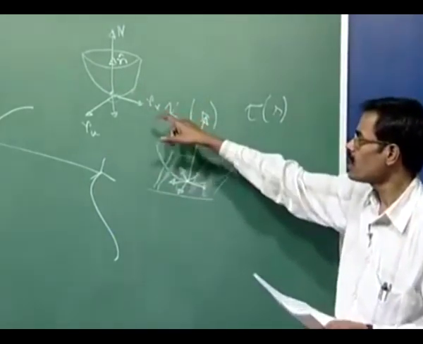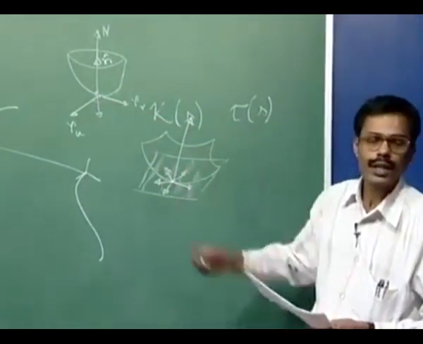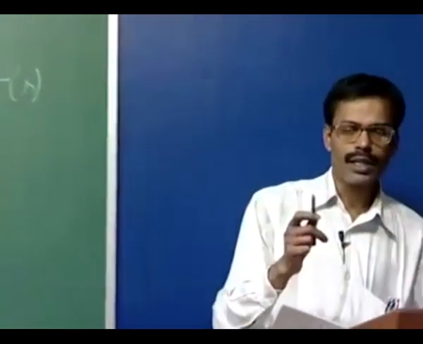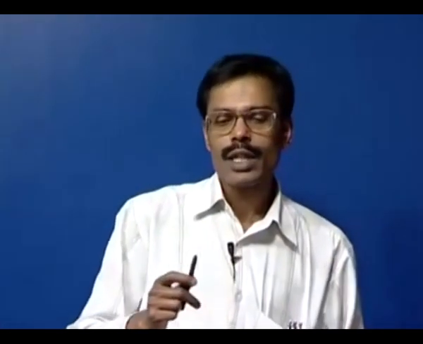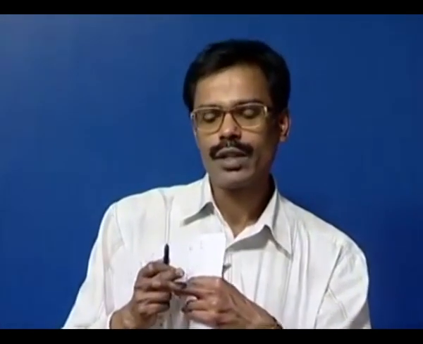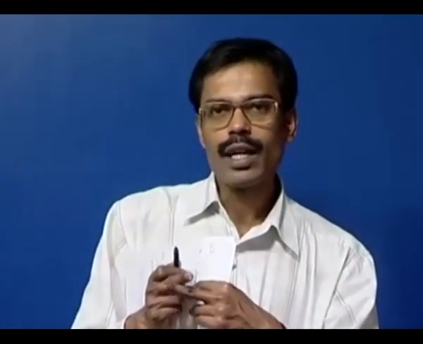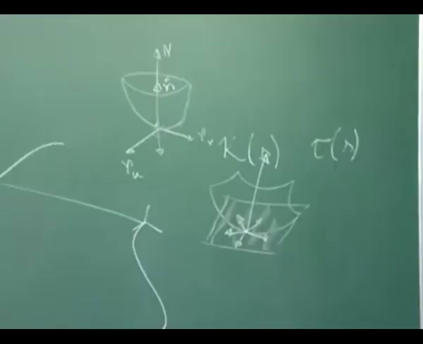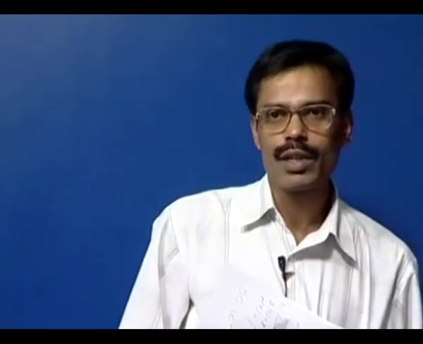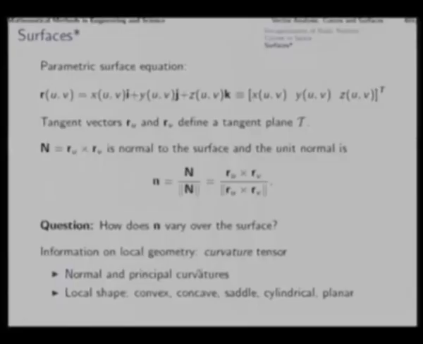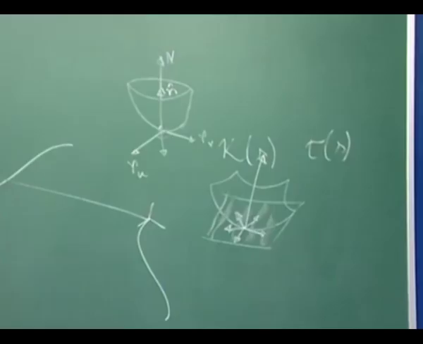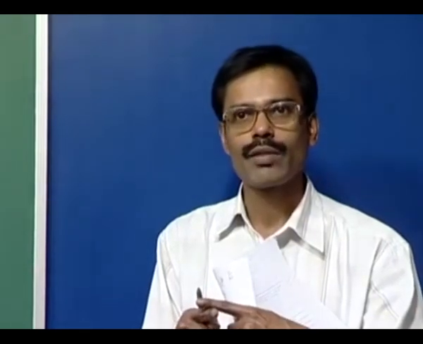So, the curvature at every point is actually a tensor quantity, and as you diagonalize that curvature tensor, you can find out those directions in which the entire curvature is contained within the normal plane. Those directions are called principal directions and the corresponding normal curvatures are called principal curvatures. So, you can diagonalize this curvature tensor and find out two principal directions and the corresponding principal curvatures.